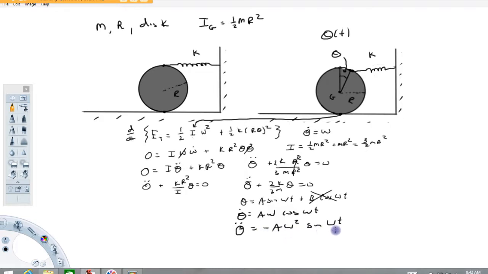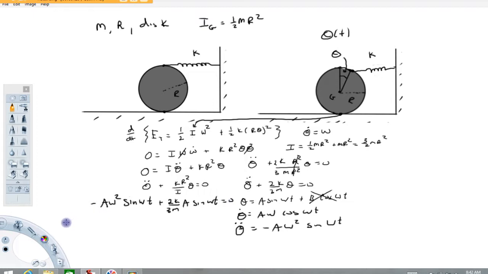Now we're going to take this and sub it here. I'm working with this equation here: minus A omega squared sine omega t plus 2k over 3m times theta, which is A sine omega t, equals 0. Okay, same as the last example.